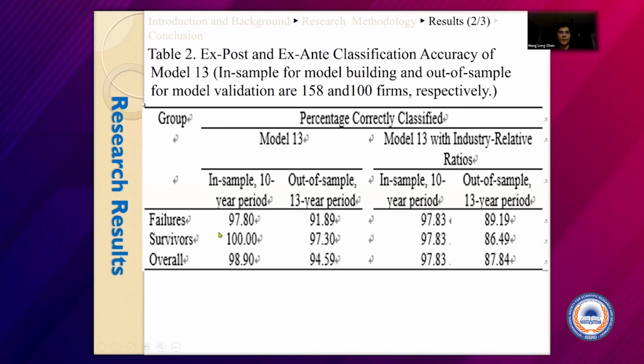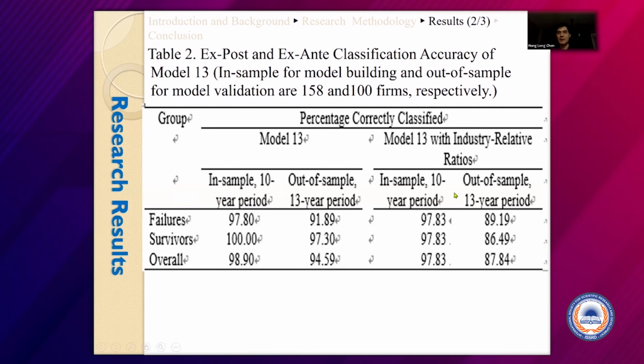For in-sample, bankrupt firm accuracy is 97.8, survival 100% accuracy. Out-of-sample is 13 years. This is 91.89 for failures, 97.3 for survivors. Overall accuracy is 94.59.